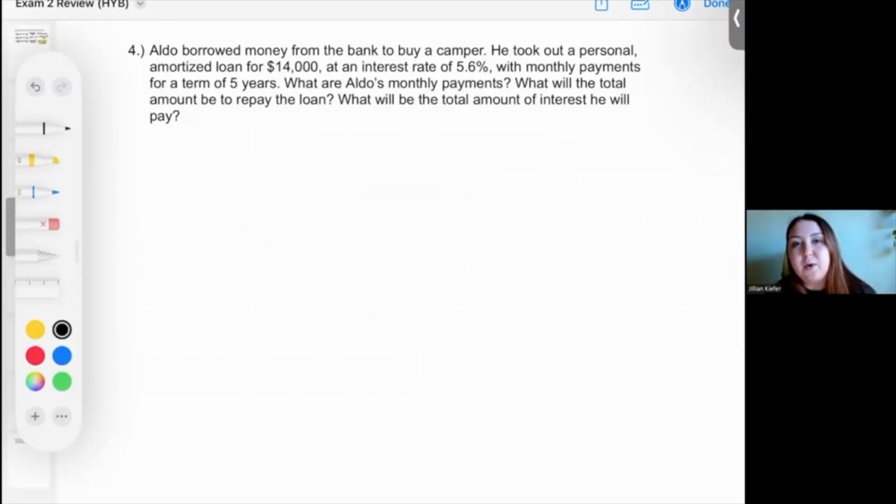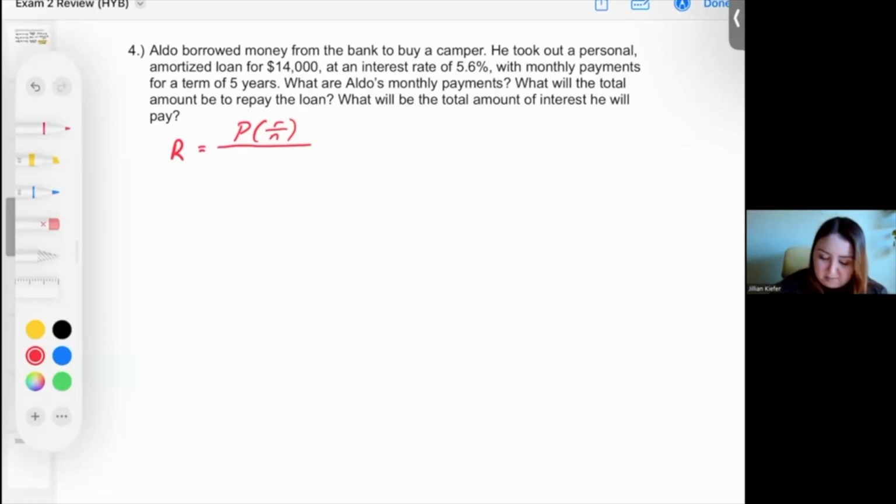All right, so the equation we use for this comes from our notes. We have our monthly payments, which we call capital R. Sometimes it is referred to as M instead of R, but they mean the same thing. We're going to use R because that's what's in our lectures. So capital R is equal to P, the principal, times the rate divided by the number of payments per year, which for us, since it's monthly, we will use 12.